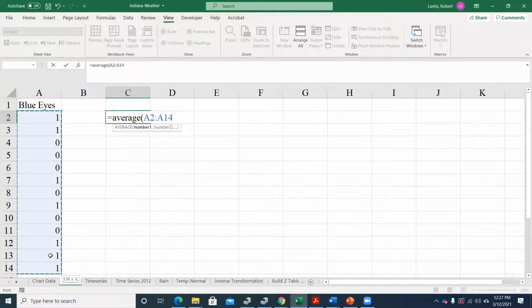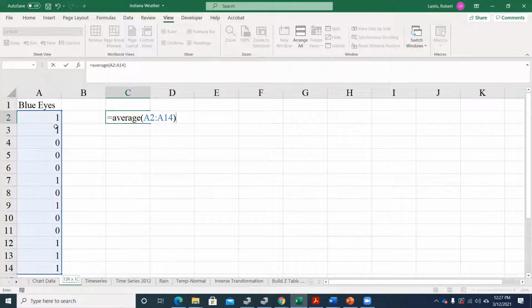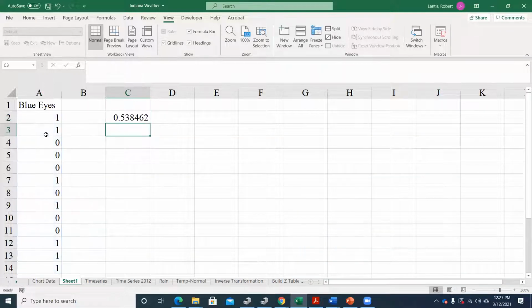Or what I said earlier, the number of successes, here the number of people with blue eyes, divided by the total number of observations. So finding the mean of a 1-0 variable really just gives you your sample proportion.